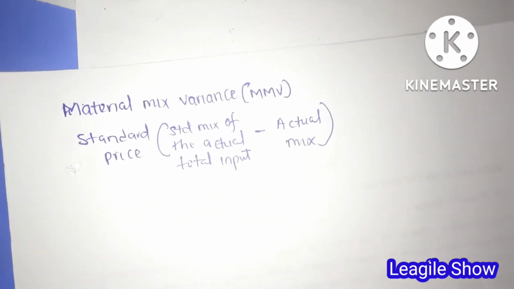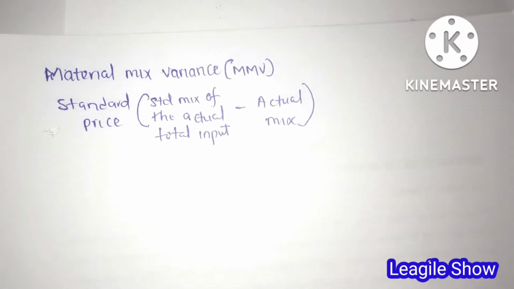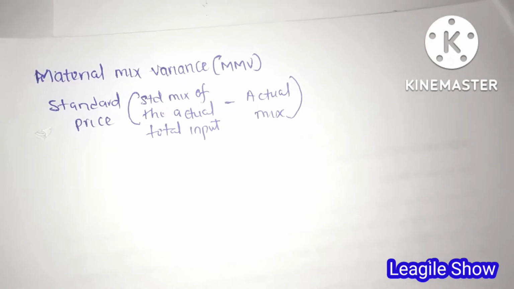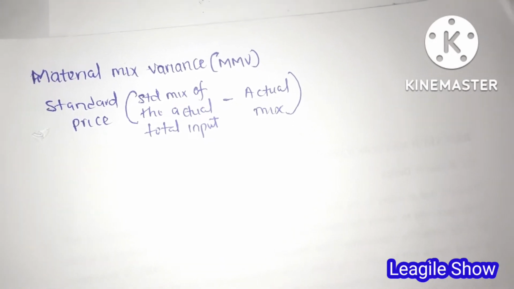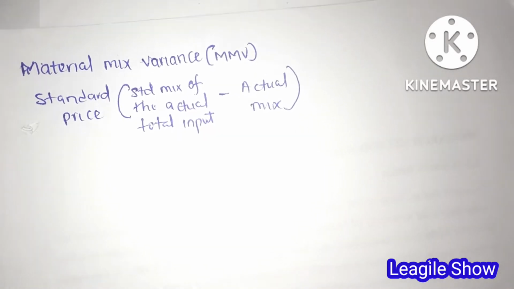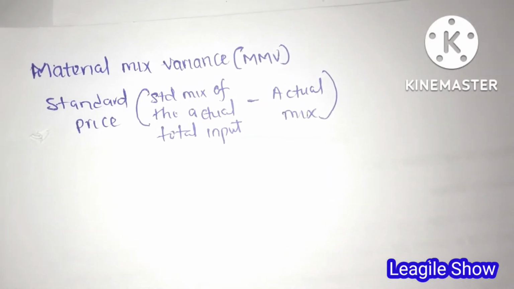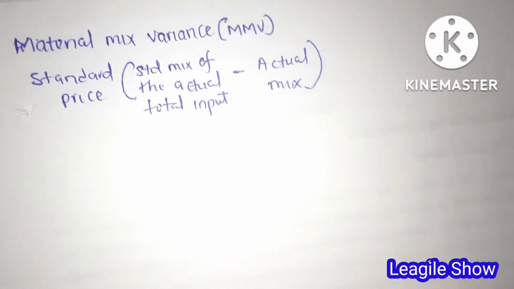So that is the formula we'll be using to calculate the material mix variance. That is standard price into standard mix of the actual total input minus actual mix.